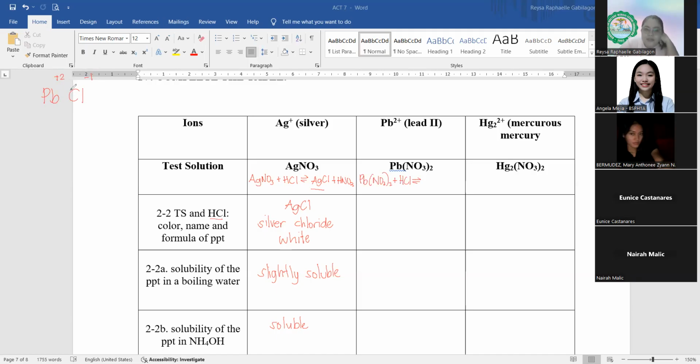Lead is +2 while chloride is -1, so this is not equal to 0. Therefore, you have to do the crisscross. Pb will have 1, but no need to write that, and chlorine will have a subscript of 2. That is the correct chemical formula of lead chloride, PbCl2. What's left is hydrogen and the nitrate.